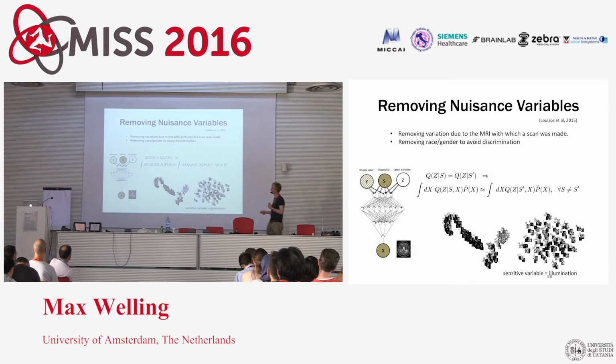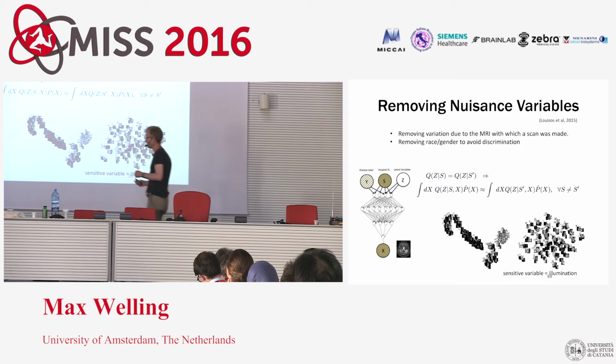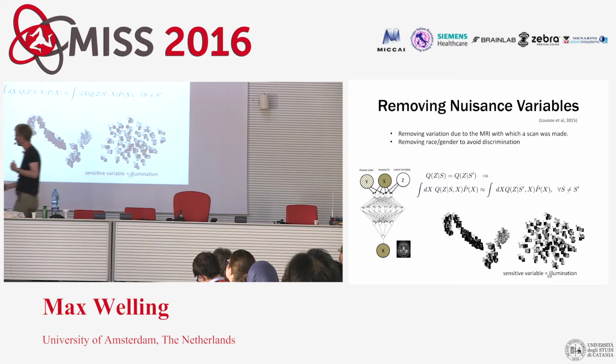Okay, so here is a particular piece of work I just want to highlight a little bit. Let's say you have some kind of architecture and you know, for instance, that a part of your images were taken in hospital 1 and another part of your images were taken in hospital 2. So they were acquired with different MRI machines, right?